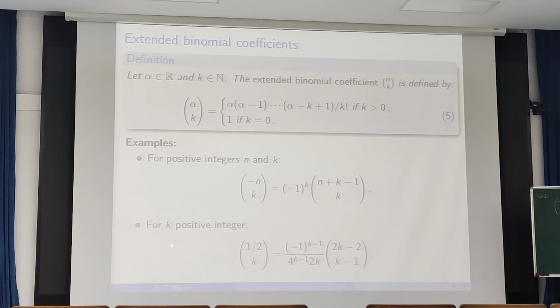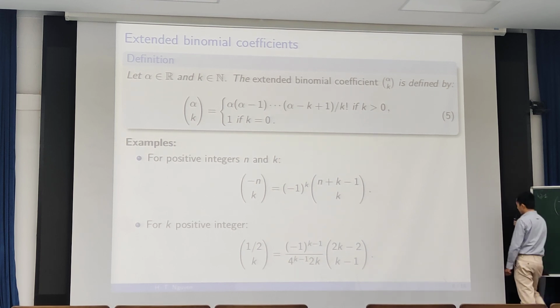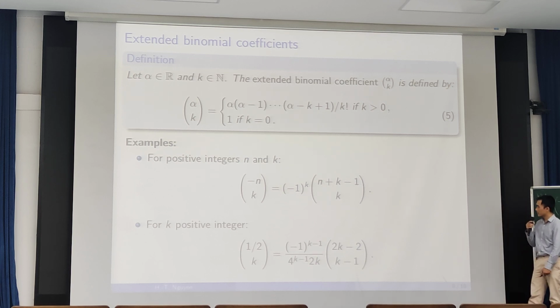And in the next, for non-integer alpha, it is a little more complicated, but I give this case because it will be useful. It will be used later for Catalan numbers. This formula will require some more involved calculation, but not much more complicated, except that here we need some power of 2.